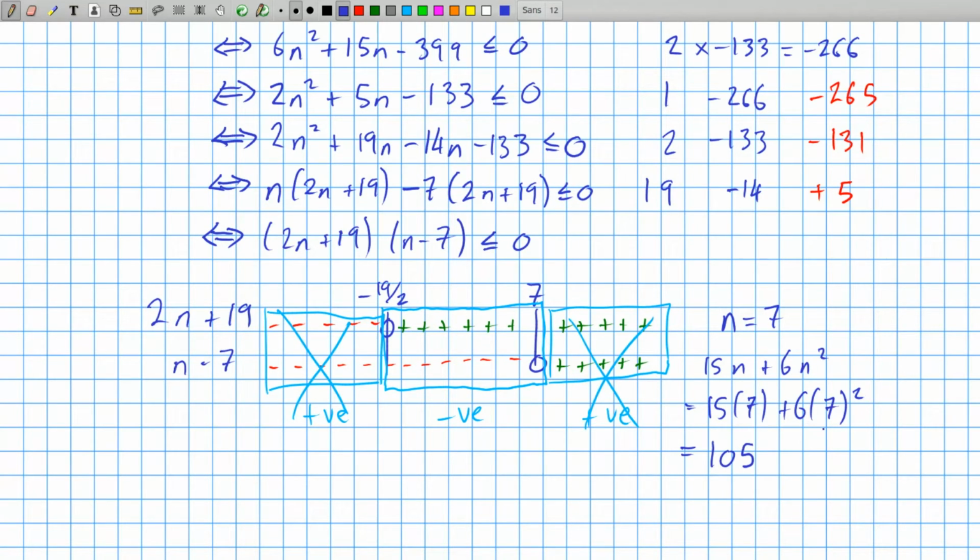So 7 squared is 49. 6 by 49 is going to be 294. And if you add those together, you get 399. So if you make the first 7 patterns, you use exactly 399 tiles. We don't need to do that thing we did before where we round down to the nearest natural n. So we just say that n is 7.